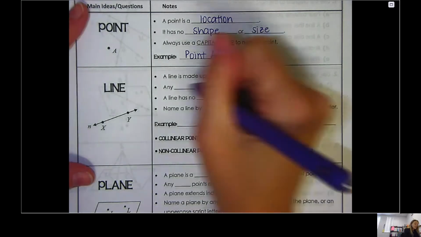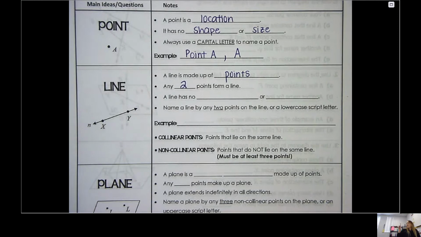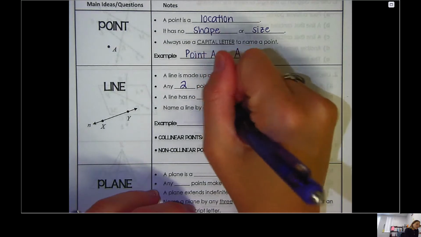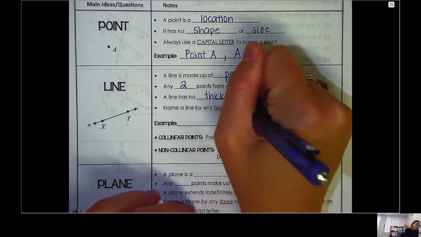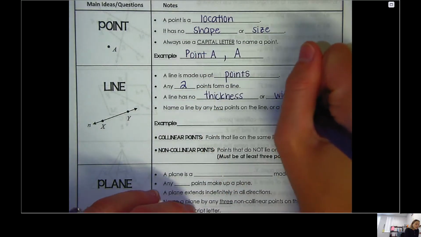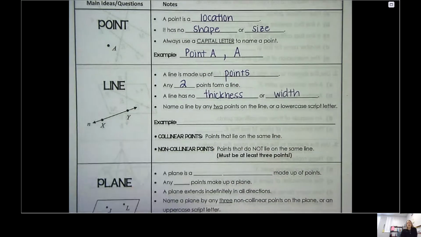Because if you only have 1, then it's just a point. But as soon as you have 2, now you can make a line. Just like a point, a line has no thickness or width. So it doesn't matter how big or how small you draw it, there's no thickness and there's no width when it comes to a line.